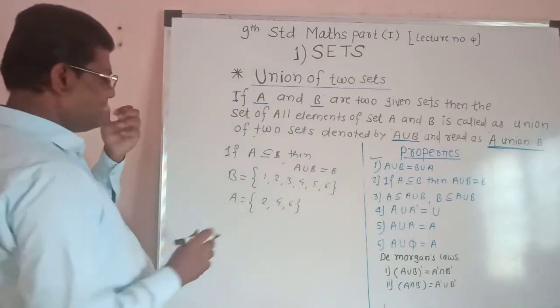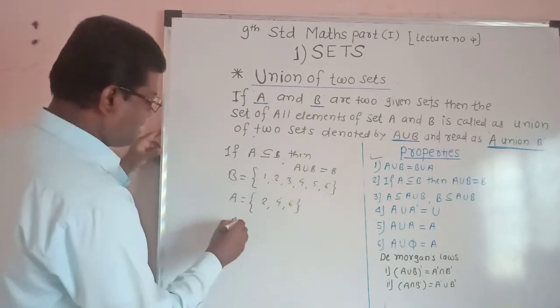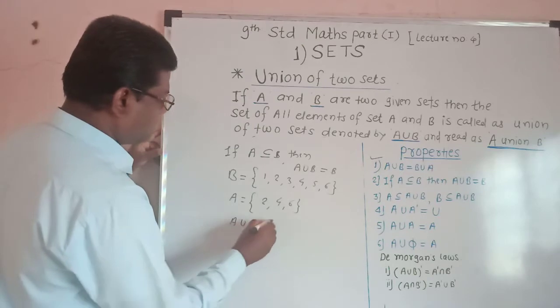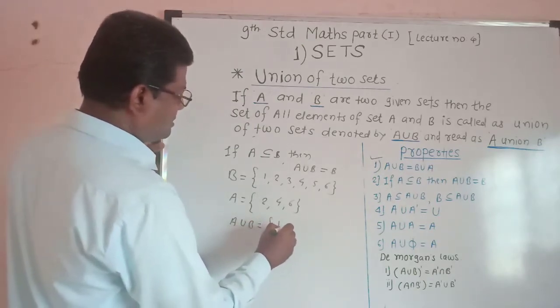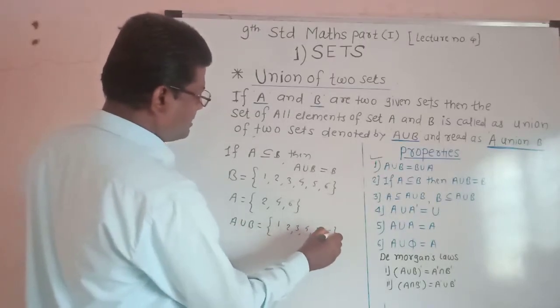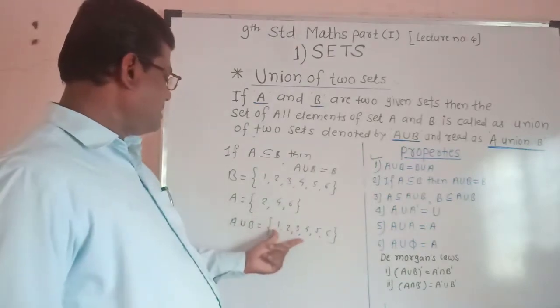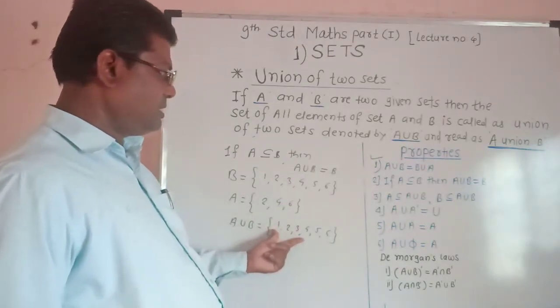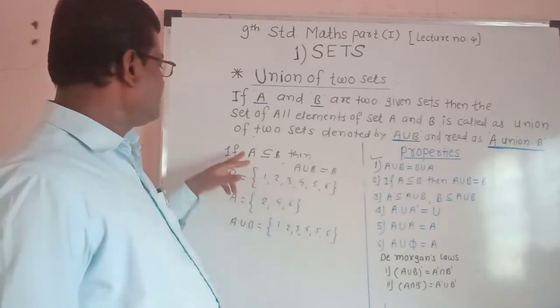Then A is a subset of B and we find A union B is equal to the set of 1, 2, 3, 4, 5 and 6.